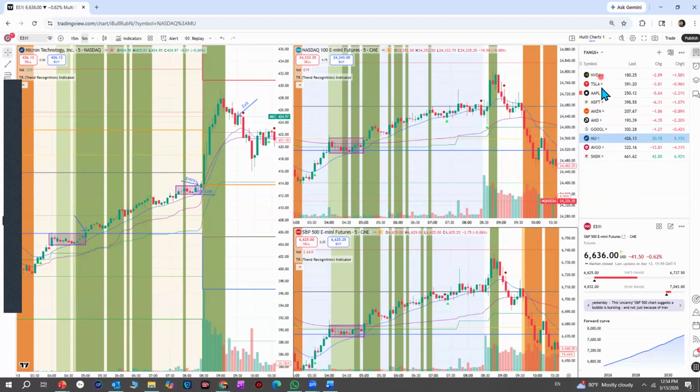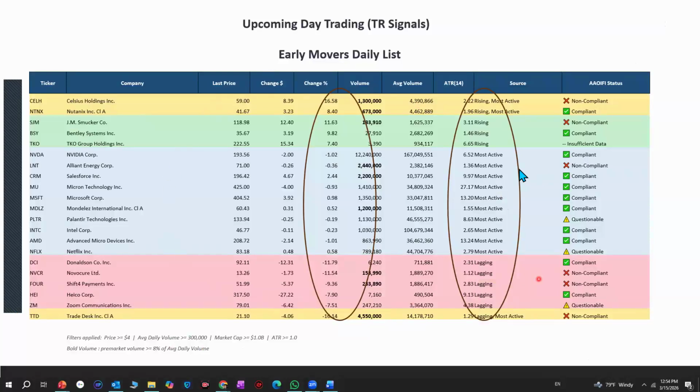For example, Nvidia, Tesla, Apple, Microsoft, Amazon, AMD, Google, Micron, Broadcom, and SanDisk. These are the stocks you should always consider for day trading, in addition to that list which I showed you earlier. And some of those stocks are already here, like Nvidia, like Microsoft, but not all of them, obviously.